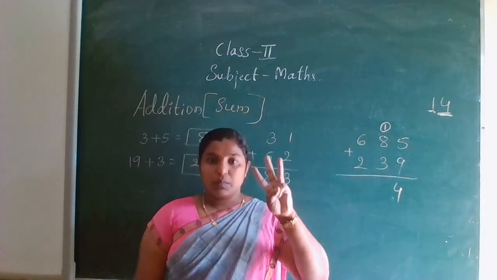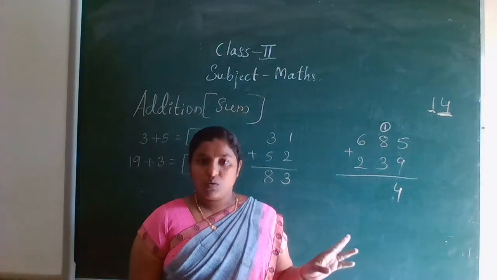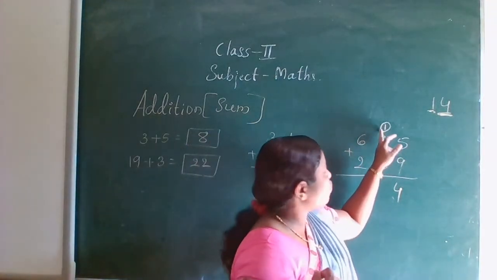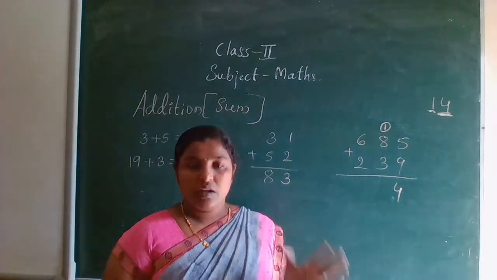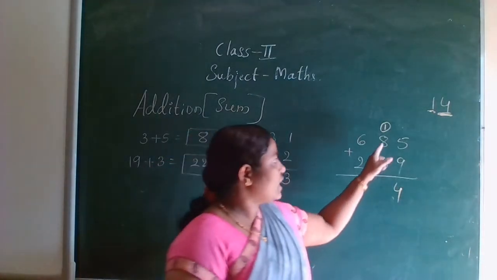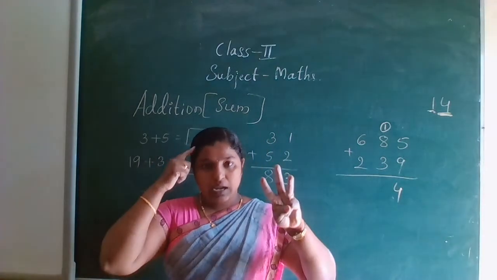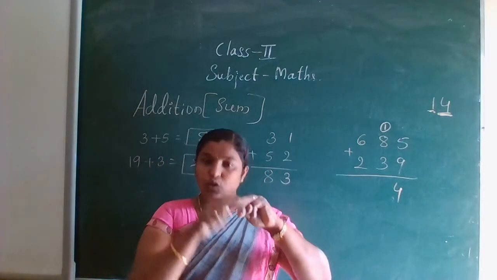See here, 8, 1, 3. We got 3 numbers. These all 3 numbers we should add now. Okay. Now see 8 plus 1, add it. 8 plus 1, 9. Next 9 plus 3, 9, 10, 11, 12.